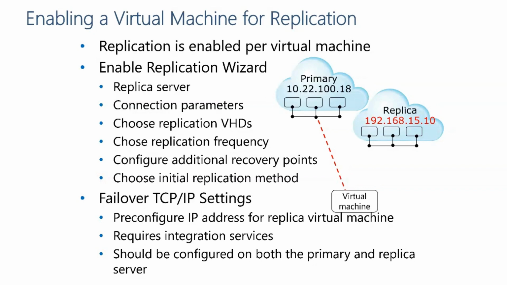It should be configured on both the primary and the replica service. So obviously, if we don't have software-defined networking, we can't just have our IP address that exists on this subnet and then replica over here and turn on and expect it to work. So this failover TCP/IP settings means that it uses this IP address while it's at the primary site, but it uses this IP address if it's failed over to the secondary site.